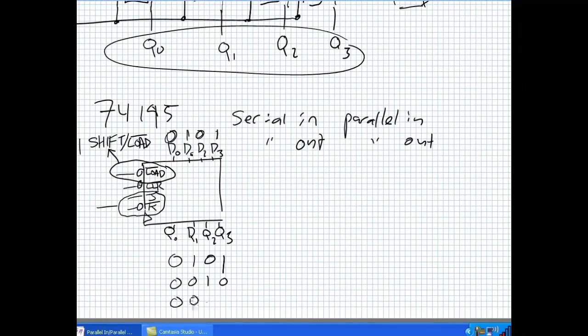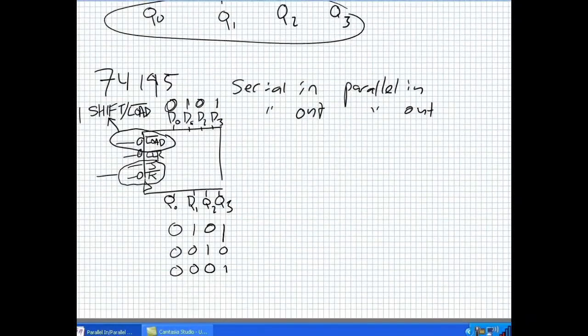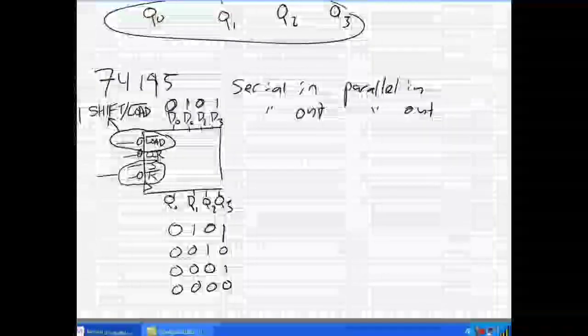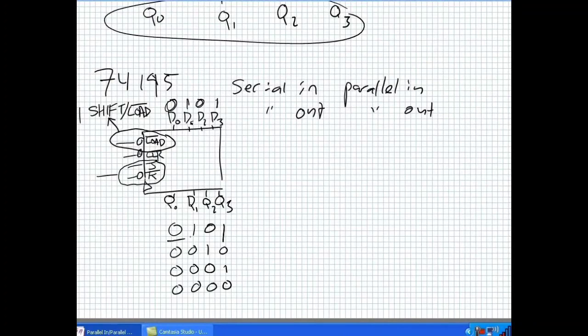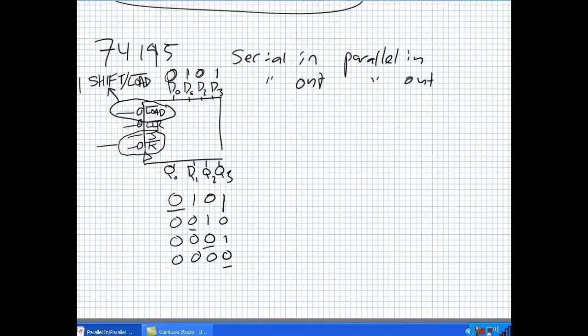Next clock pulse comes along, everybody shifts right 1. Next clock pulse comes along, and we've cleared that register. Well, not really, because that's a 0. If it was a 1, just to make sure, give it 1 more clock pulse to clear it out.